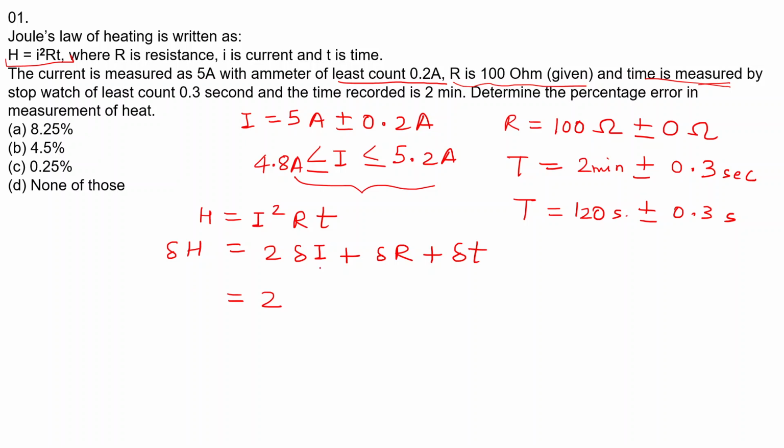The percentage error in current we will find from here. What is the error in the value? 0.2, and the actual value measured is 5, times 100.